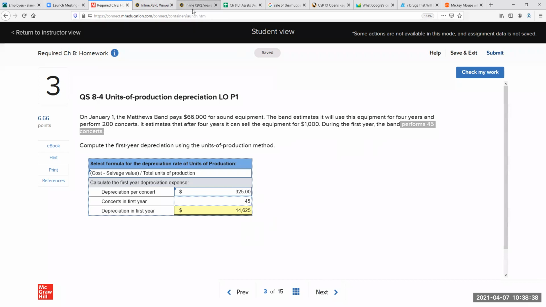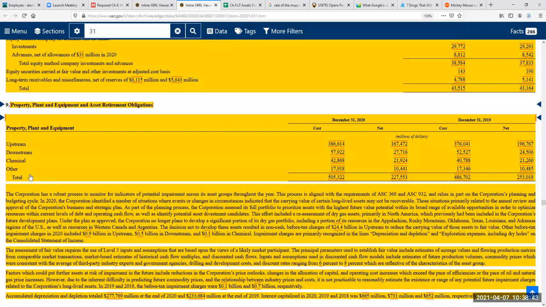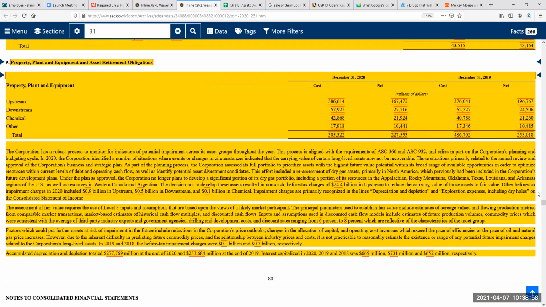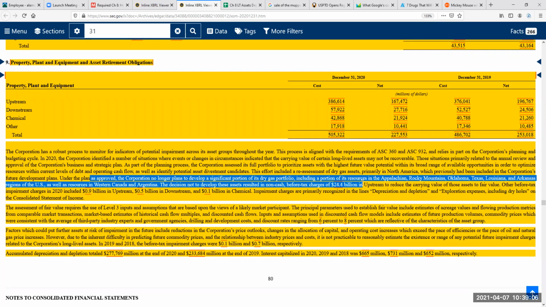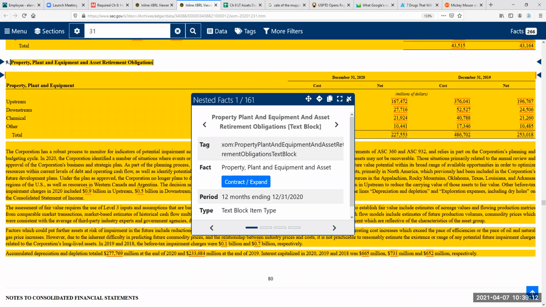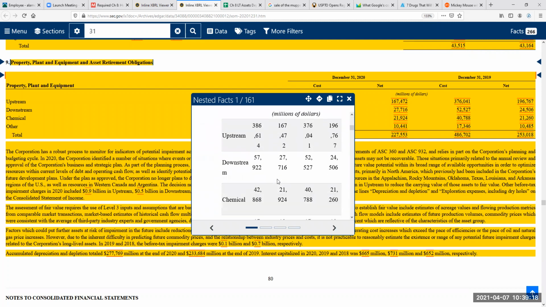Now I tried to find on Exxon, they use units of production, but I couldn't find it in the notes. They explained something else, but right here is property, plant, and equipment, and they talk about depreciation, depletion, but they don't tell us the method here. They talked about a lot of things, like if the plan is approved, the corporation no longer plans to develop a significant portion of its dry gas portfolio, including the Appalachian, Rocky Mountains, Oklahoma, Texas, Louisiana, Arkansas.